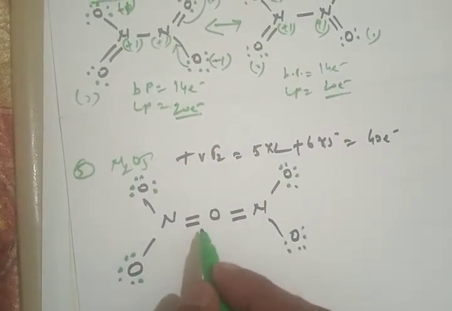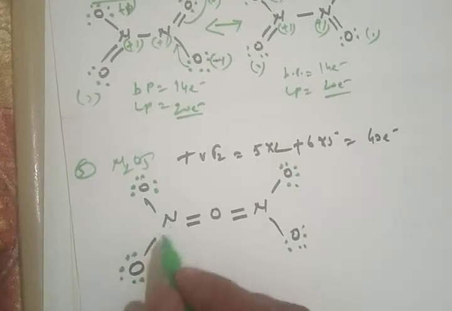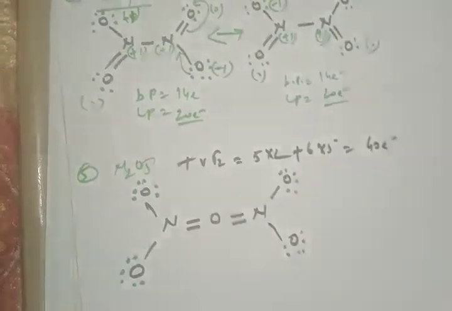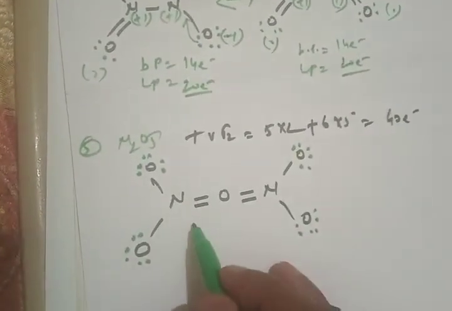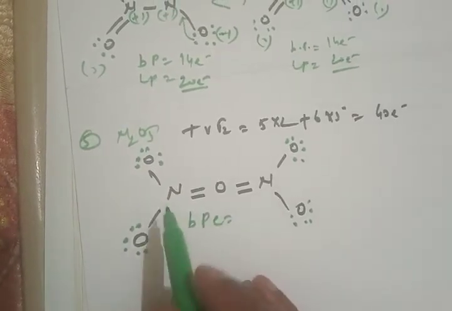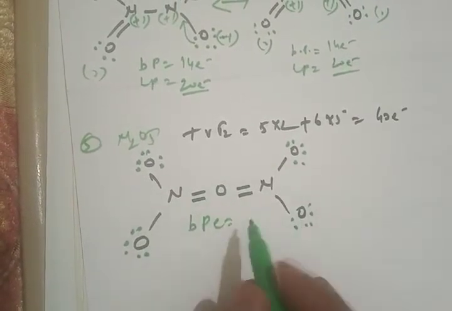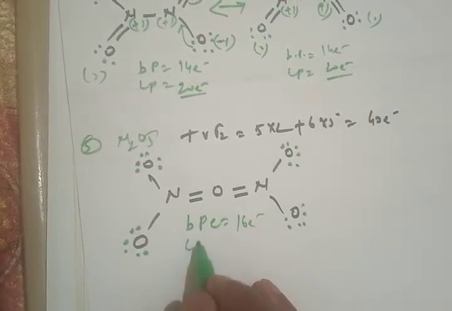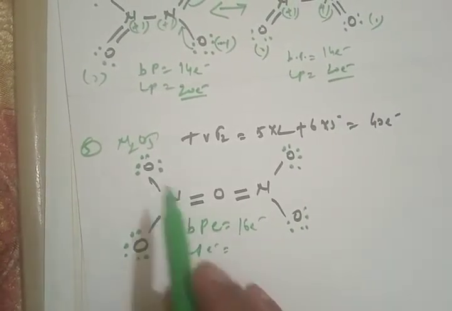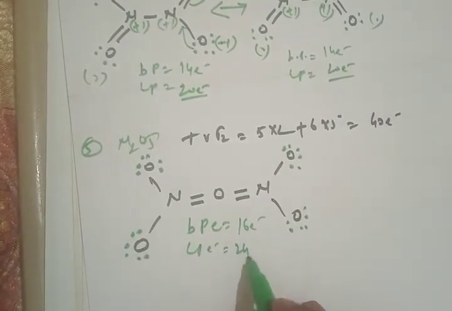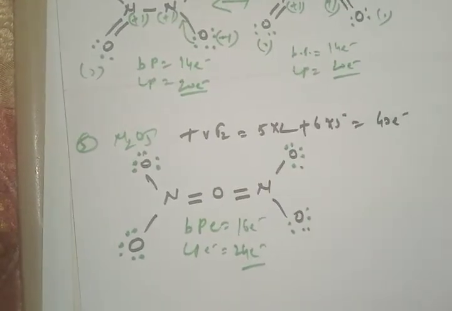No lone pair here because 1 2 3 4, the octet is complete, this octet is complete. So let's count the bond pair. Bond pair 1 2 3 4 5 6 7 8, that is 16. Lone pair 6, 6, 6, 24, so this will give 40 electrons.